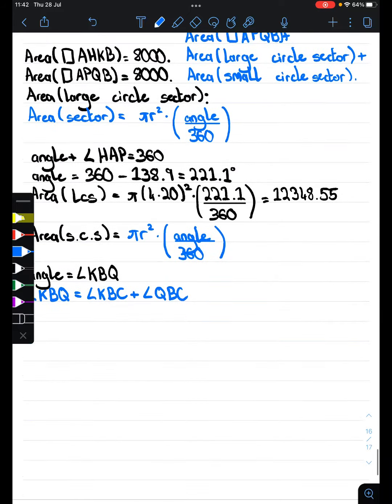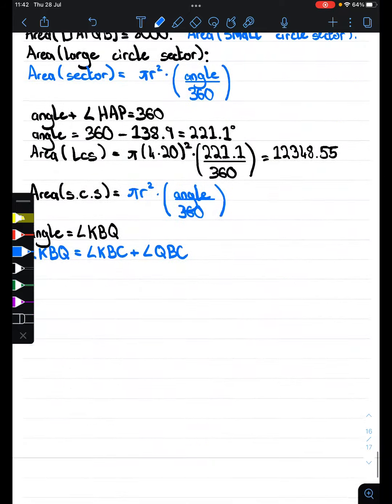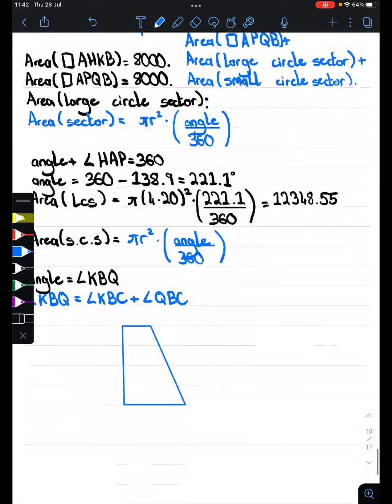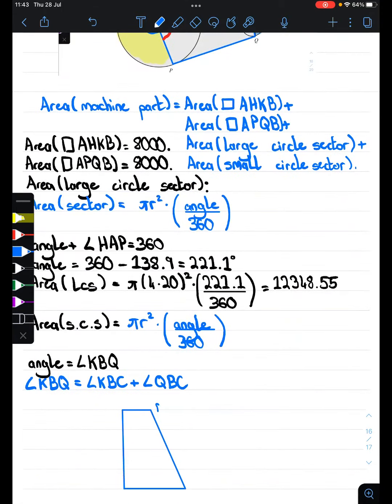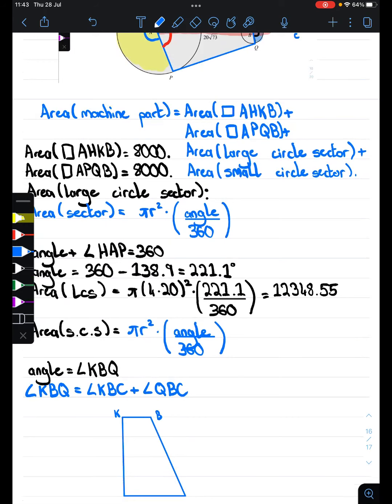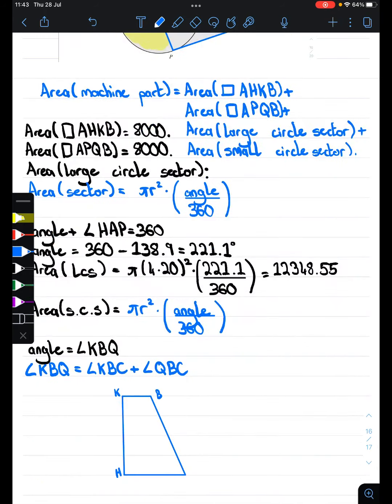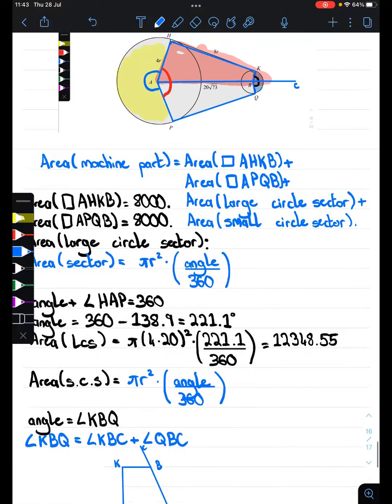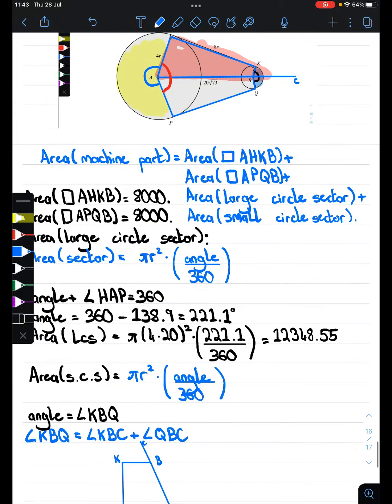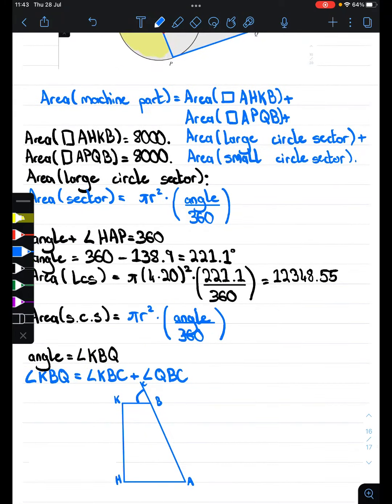If we zoom in on that and rotate it so we can look at it properly, we'd get something like this, where this is B, this is K, this is H, and this is A. Then we extended this to C here, and we're looking for KBC, this angle here.